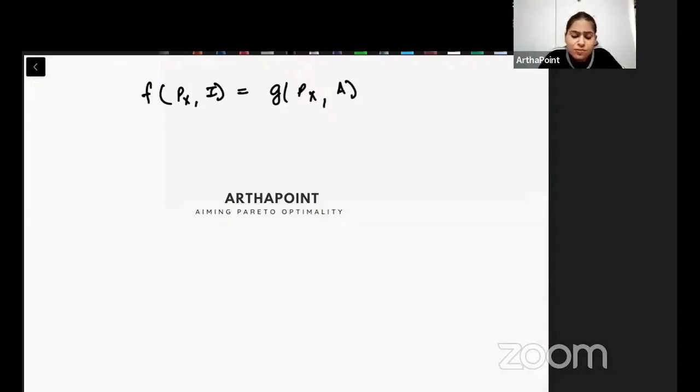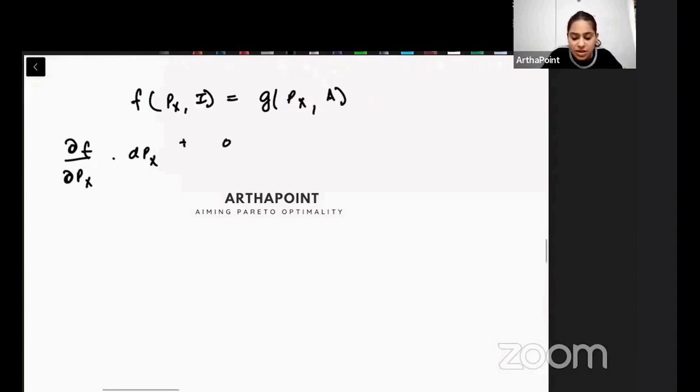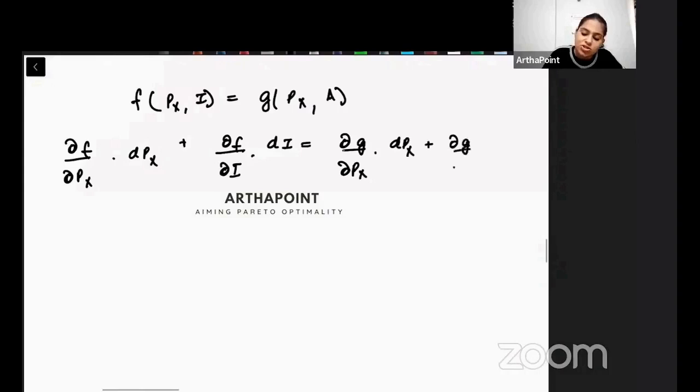So F is a function of Px and I. If I have to do a total differentiation, F changes with respect to Px, dPx, plus F changes with respect to I, dI, equals G changes with respect to Px, dPx, plus G changes with respect to A, dA.